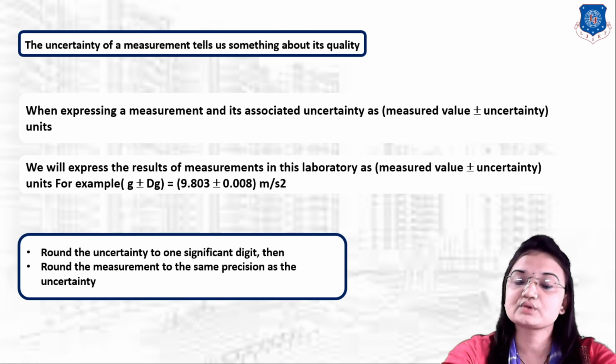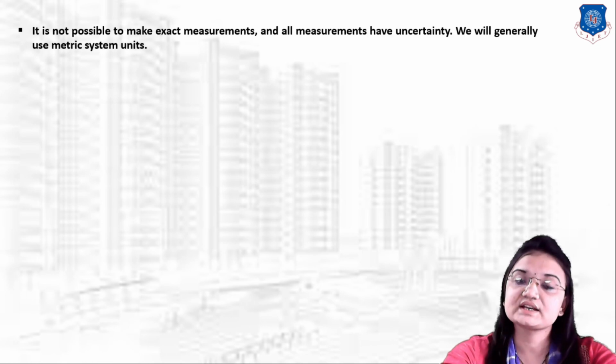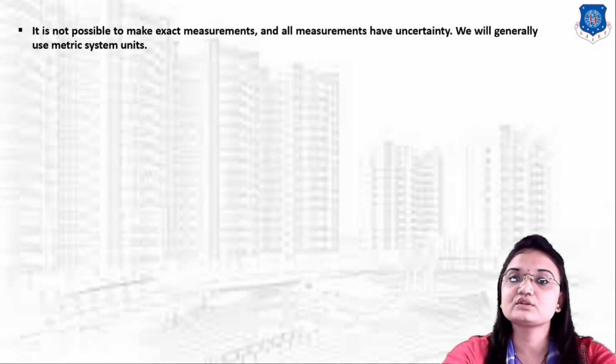We round the uncertainty to one significant digit and then round the measurement to the same precision as the uncertainty. So it is not possible to make an exact measurement. All measurements have uncertainty, and we will generally use metric system units.